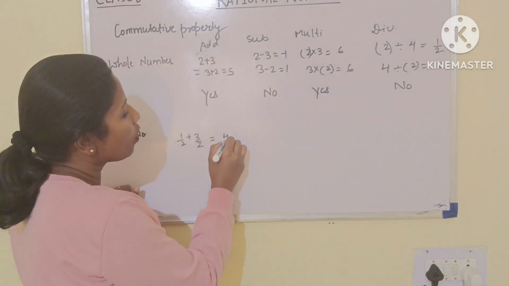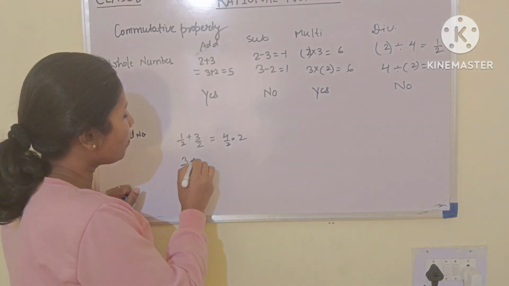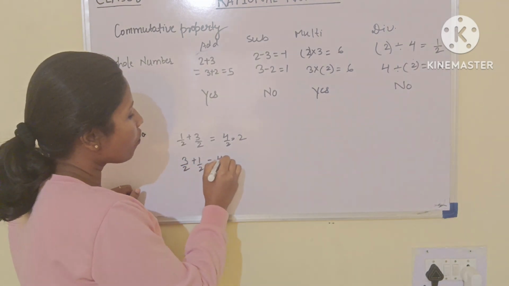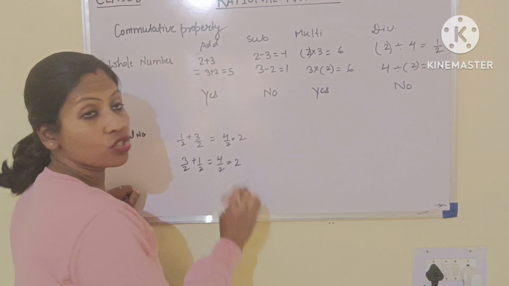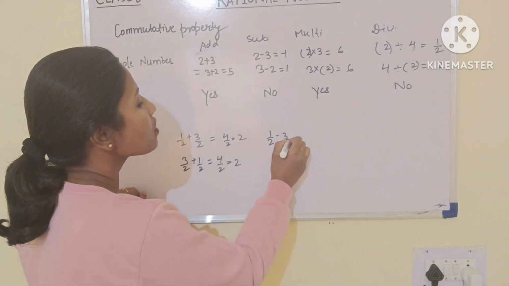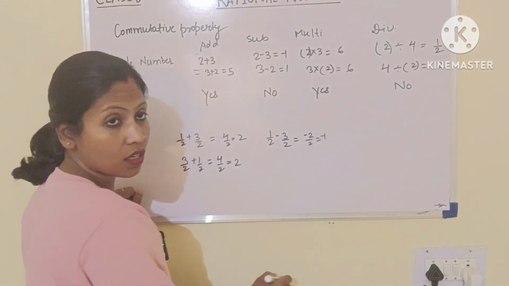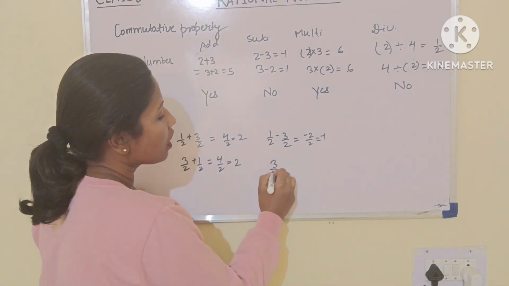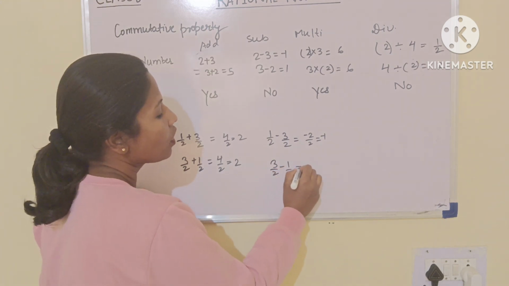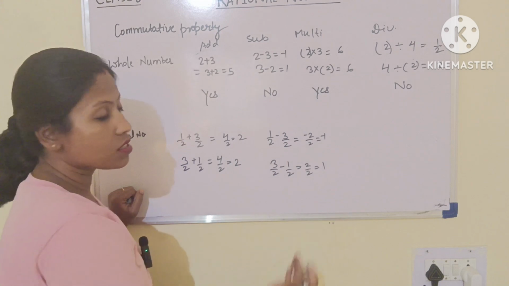It will give you 4 by 2, that's 2. 3 by 2 plus 1 by 2 is also 4 by 2, which gives 2. Right? Let's do subtraction. 1 by 2 minus 3 by 2 gives minus 2 by 2, that's minus 1. Here 3 by 2 minus 1 by 2 gives 2 by 2, that's 1. Right? It's a minus 1, it's a 1.